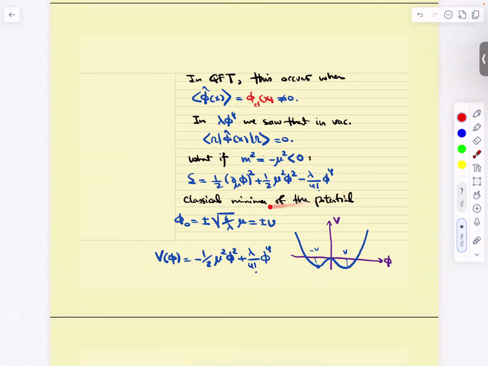And it's minimized at these two minima, which are plus minus square root of 6 over lambda times mu. These are the minima. Pay attention to the notation, because this is a notation I'm going to use for the Standard Model and Higgs and all of that, right? So v are the expectation values. This is the potential. I'm just drawing the potential. Good?